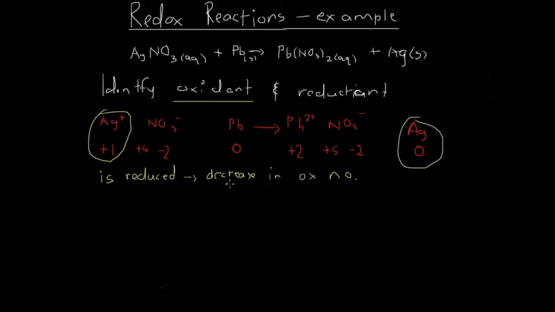If this silver ion is reduced, we say that the silver ion, Ag+, is the oxidant. Its oxidation number is decreased, and therefore it is the oxidant. It's causing the oxidation of something else.